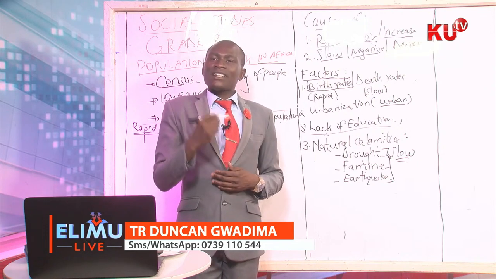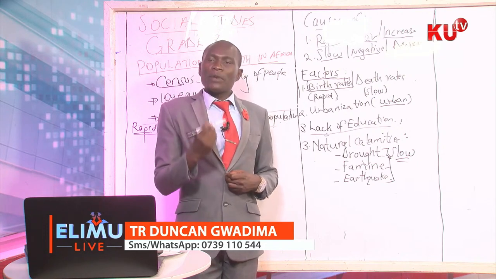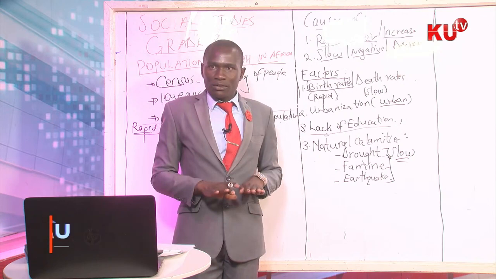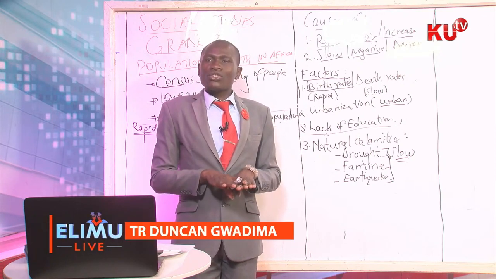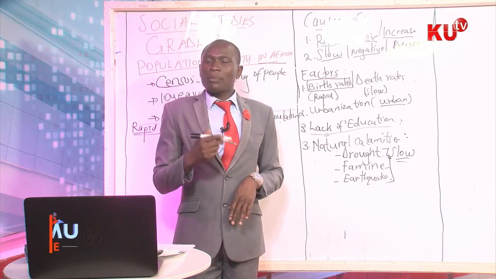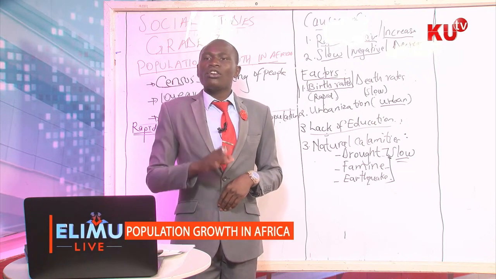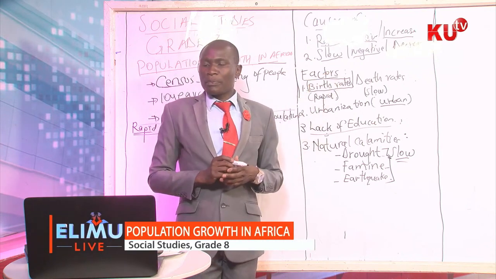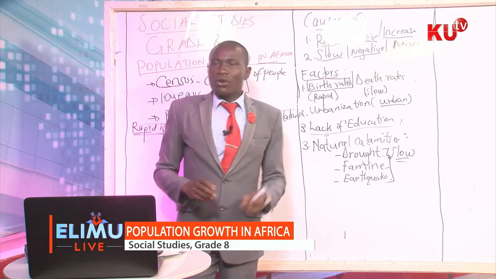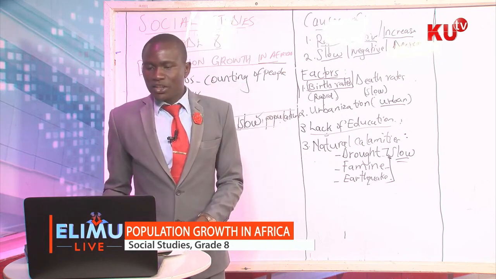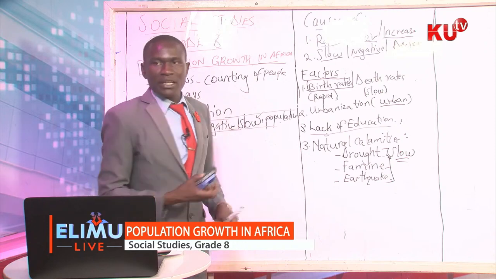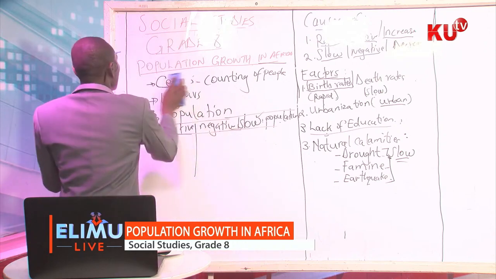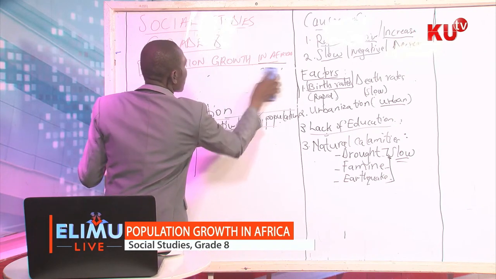And there are those factors that will make the population of a place go down, affecting slow population growth. So on our screen, factors that lead to rapid and slow population growth. We'll be looking at them as we move.